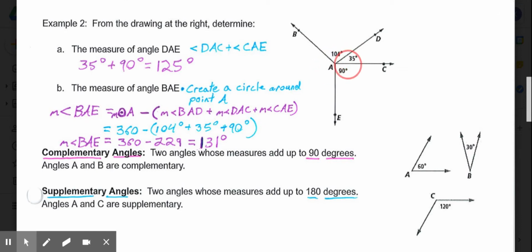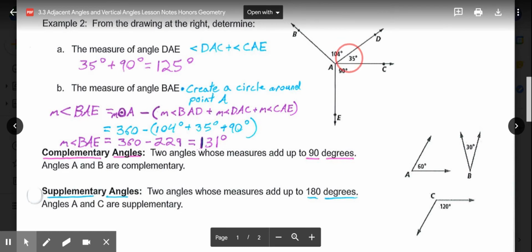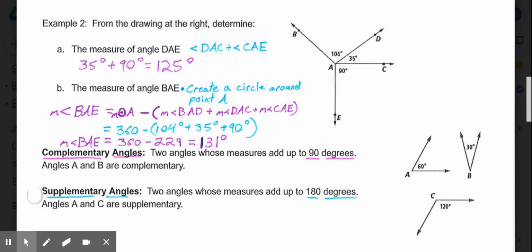So what I can do is 360 degrees, the whole circle, minus these three angles added together to find the measure of BAE. So in that case, 104 plus 35 plus 90 is 229. 360 minus the 229 tells me angle BAE is 131 degrees.